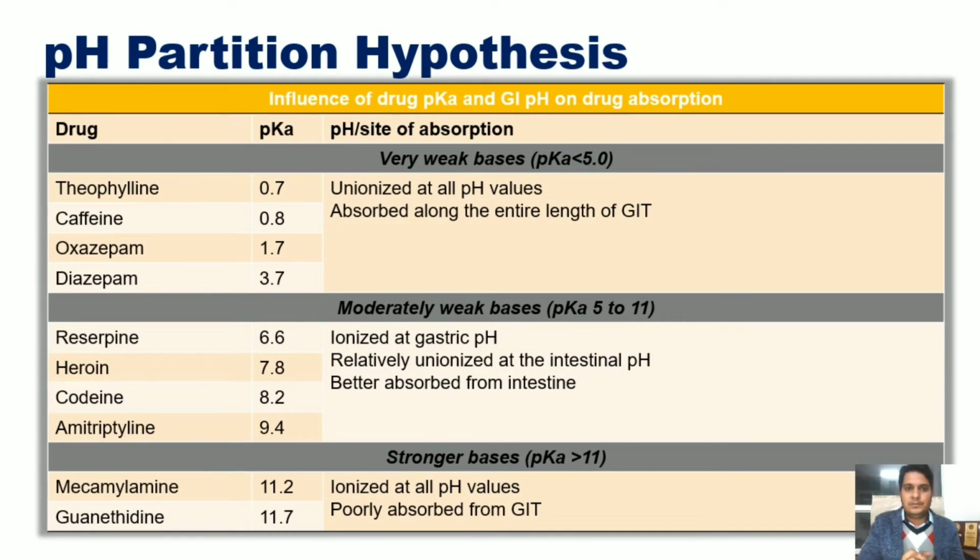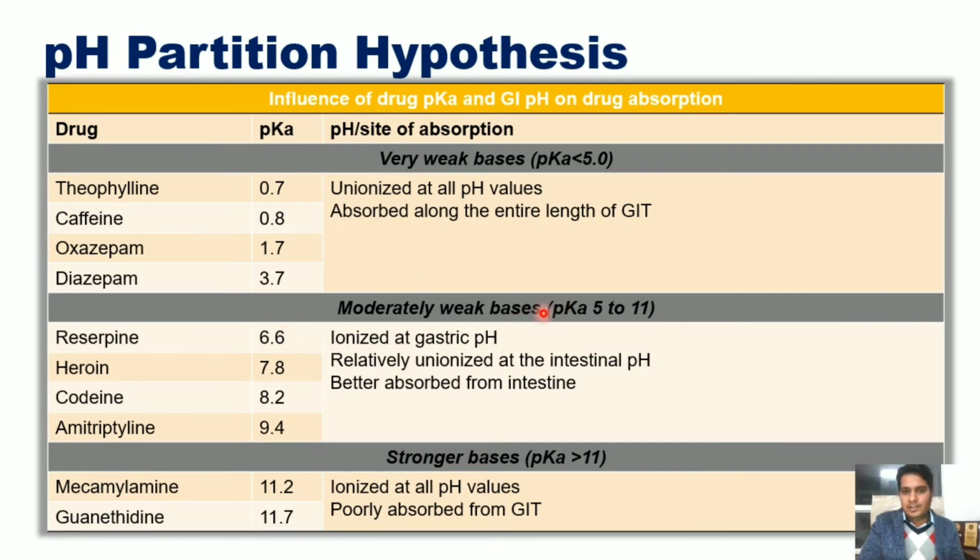Now we will see the influence of drug pKa and gastrointestinal pH on drug absorption for weak bases. If we talk about the weak bases, the examples are theophylline, caffeine, oxazepam, and diazepam, and these have a very low pKa value. So these will be unionized at all pH and absorbed in a good amount from the gastrointestinal tract.